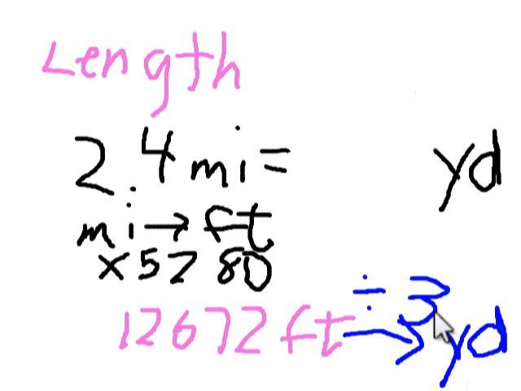And I'm going to divide by 3 because the magic number for yards and feet is 3. So 12,672 feet is the same thing as 4,224 yards.